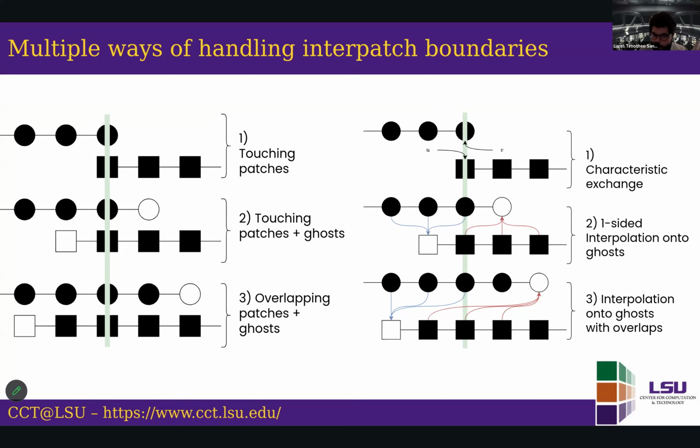And the way that you treat that discontinuity is by doing what I am calling here characteristic exchange. Now, this is relatively uncommon in numerical relativity. You need a first order evolution code, and you need to know what the characteristic variables of your evolution system are, and that is not easy to compute.